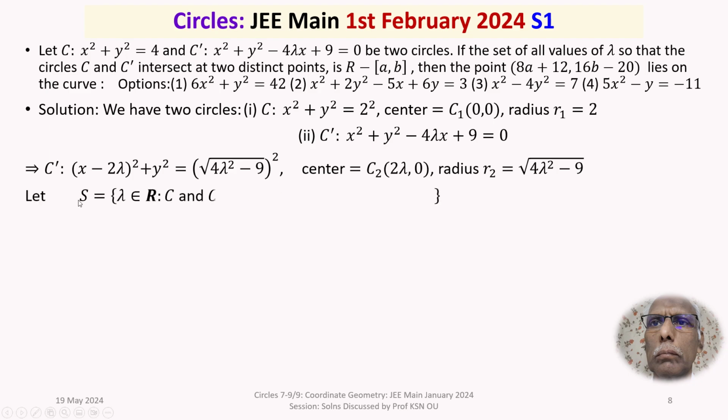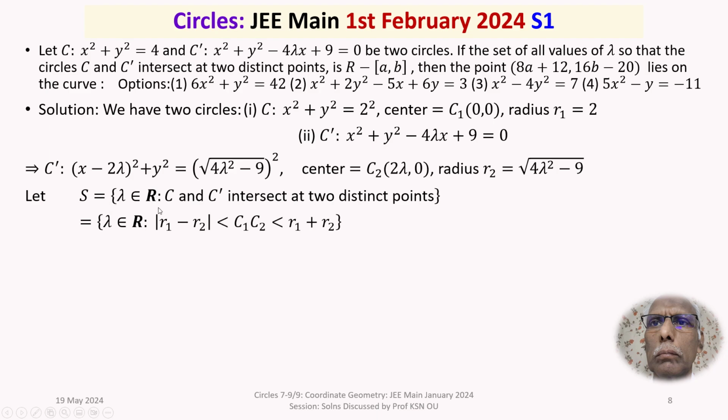Now, let S be the set of all those real numbers lambda such that C and C prime intersect at two distinct points. Two circles intersect at two distinct points, and we have a condition. That condition is: the set of all those lambda belongs to R, such that modulus of R1 minus R2 is less than the distance between C1 and C2, which is less than R1 plus R2. Yes, we have studied this.